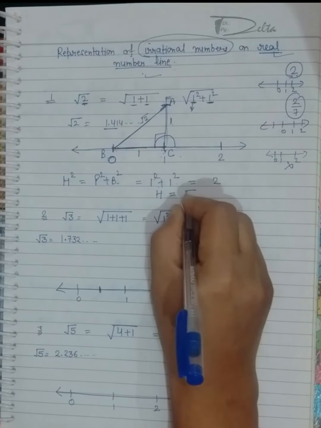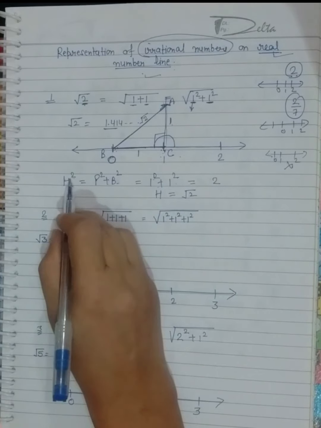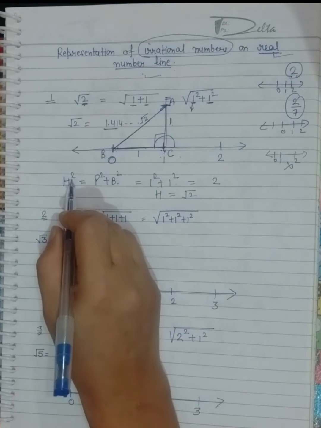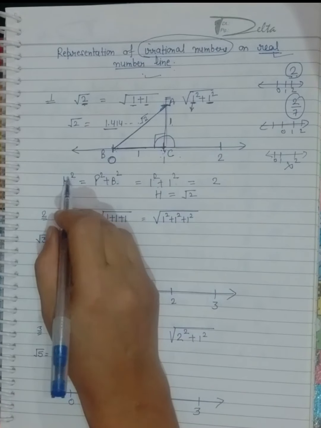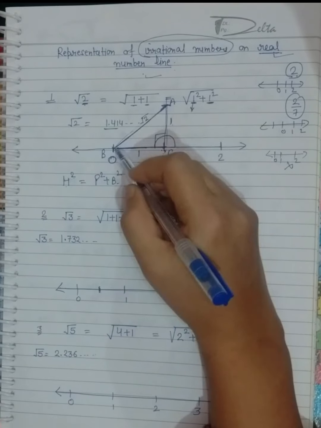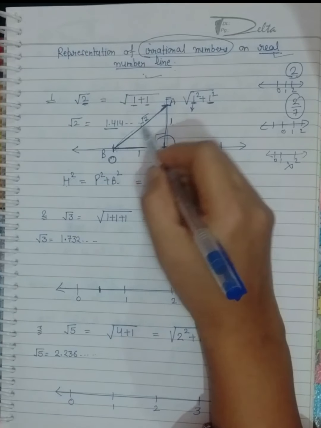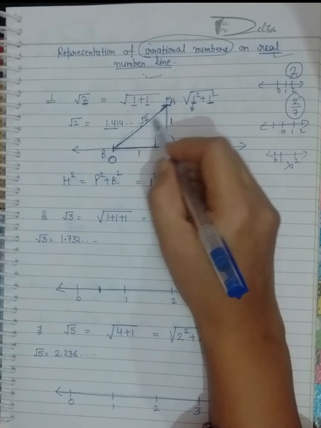So hypotenuse is root 2. Actually this square is on the left hand side, so we are taking the square root on both sides, so the square root will come here, and this is the hypotenuse, so it is root 2. But this root 2 we have to represent on the number line, meaning it should be here.